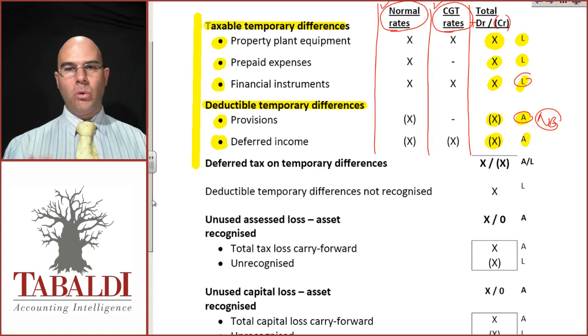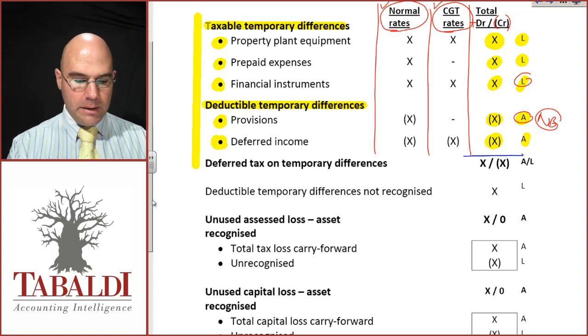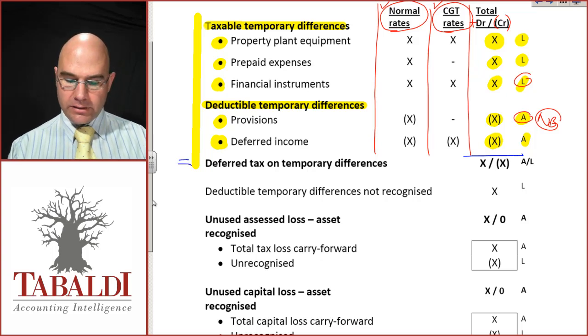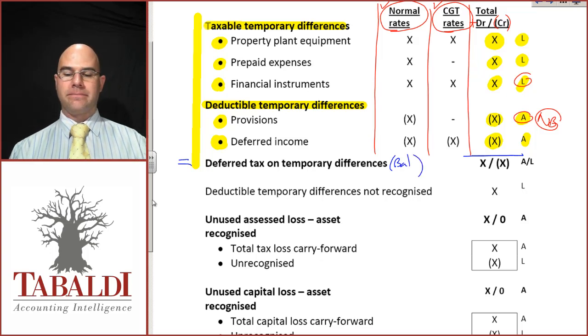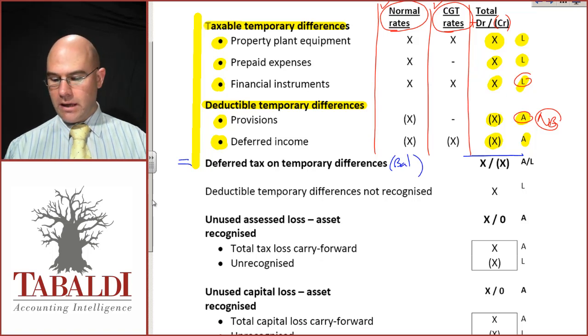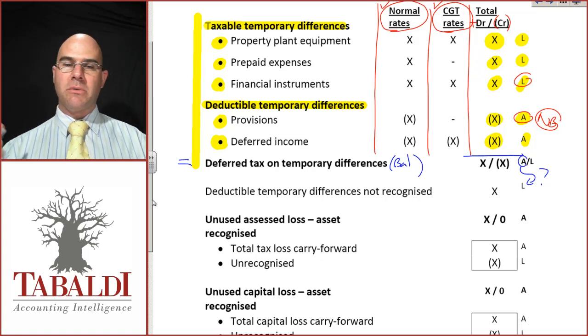Once you've listed all your taxable and deductible temporary differences, I want you to add up and get your deferred tax balance on temporary differences. Understand that if that is an asset, then you need to ask yourself, is it probable that the future benefits will actually be received, i.e. will there be the future tax deductions?